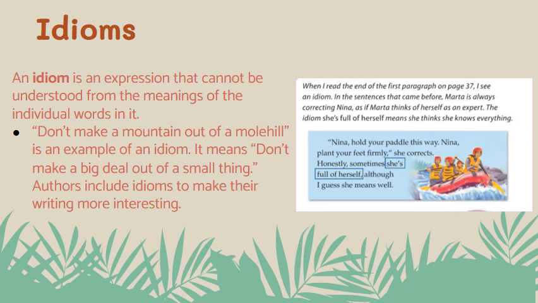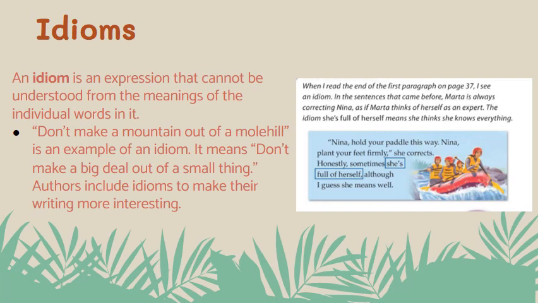And the last idea here in our lecture is idioms. What do we mean by idioms? I'm just going to go over it briefly. An idiom is an expression that cannot be understood from the meanings of the individual words in it. Or in other words, it's an expression, but it doesn't literally mean what the words say.